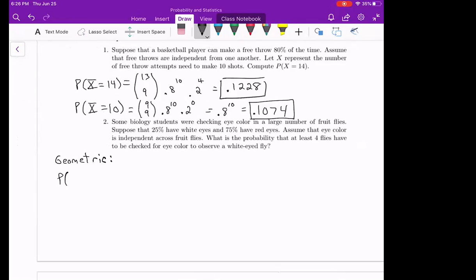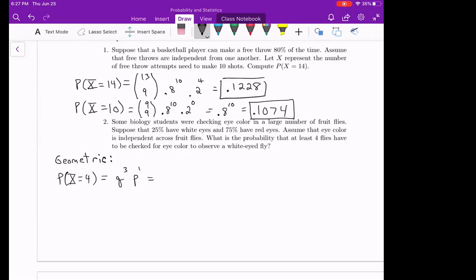And the probability that x is 4, according to the geometric distribution, is going to be q to the third power times p. P is secretly to the first power. It's not usually written in. But again, the sum of the powers has to equal your x value. So q is failure. You've got fail, fail, fail, success.